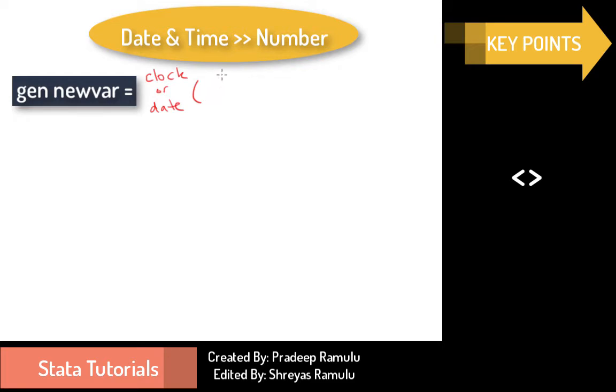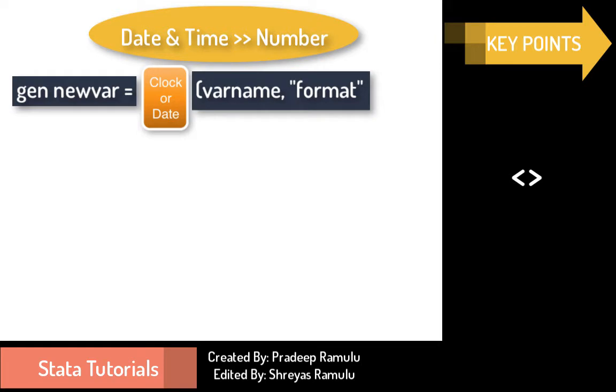Each of these will be followed by parentheses where you have the variable name, which actually contains the date data, and then in parentheses something which represents the format. Now I've just given you two different subcommands, clock and date. What's the difference? You're going to use clock if you want to show the output in milliseconds, and date if you want to show the output in days.